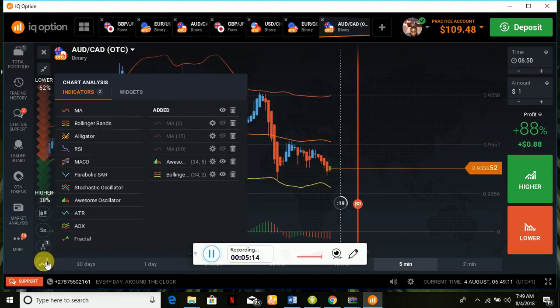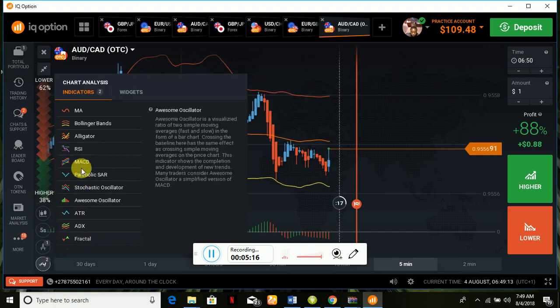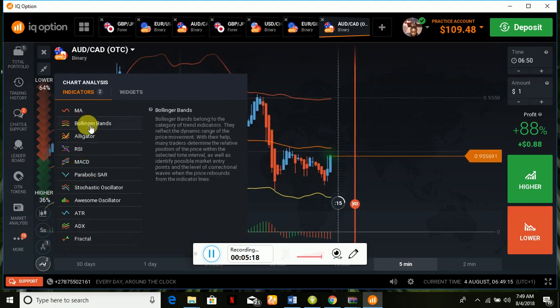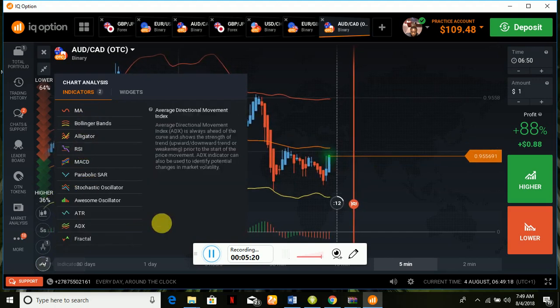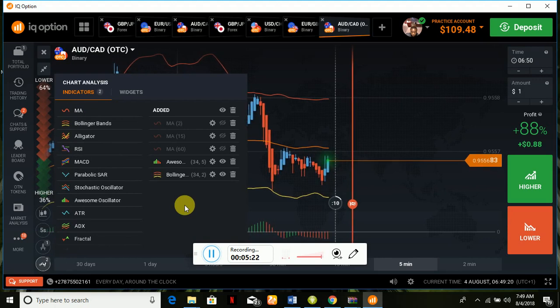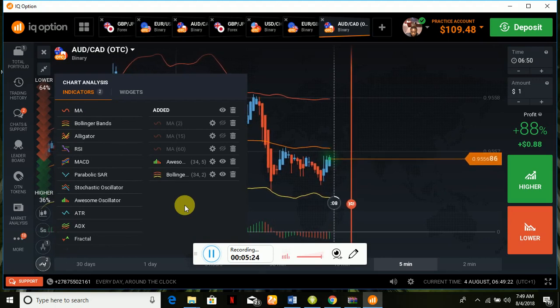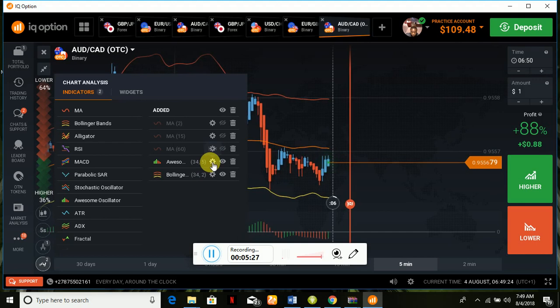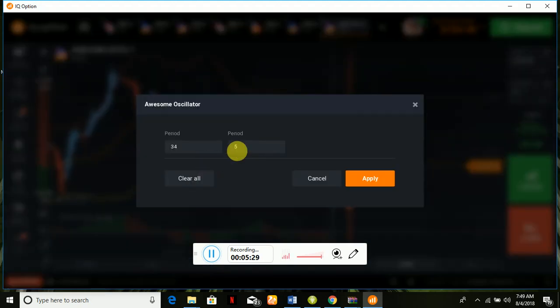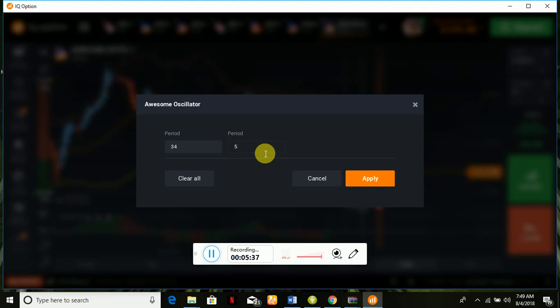If you wanted to install the Bollinger Bands, you would go there, but we already have them installed. So I'm going to show you the settings on Bollinger Bands. Your right hand side period must be 5 and your left hand side period should be 34.